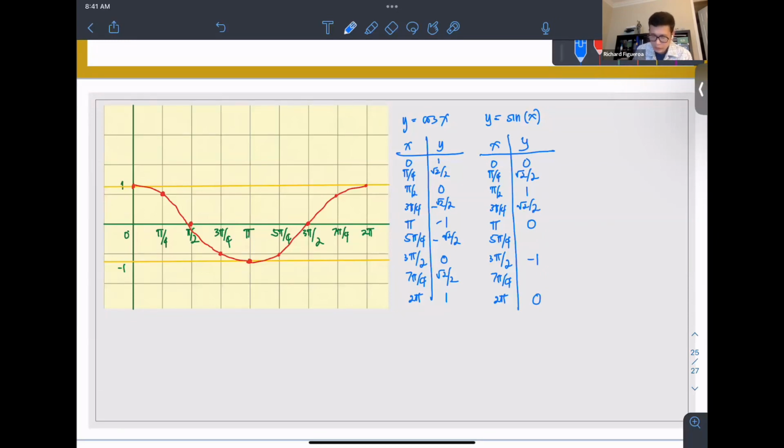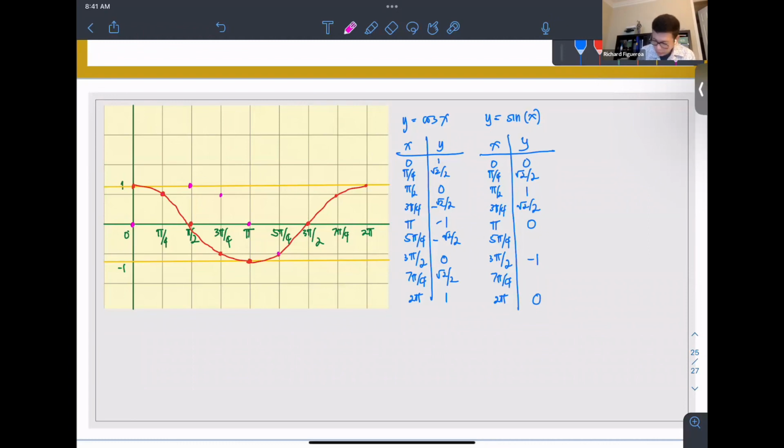So again, you can use your calculator in finding the value of y for different values of x. So if you're familiar with using the table function in your calculator, that would be possible as well. So you just need to enter the function, then you'll start from 0 to 360 degrees, with an interval of 45 degrees.